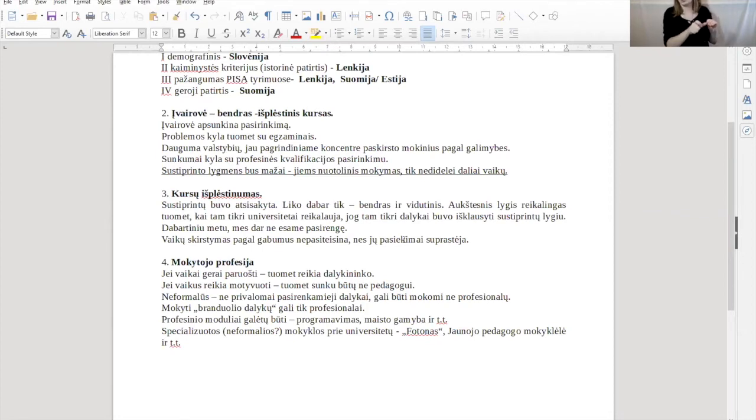But if students don't have very good motivation to learn, to get knowledge, then we have to have a very good specialist with a very good pedagogical background. It needs a different type of professional learning.